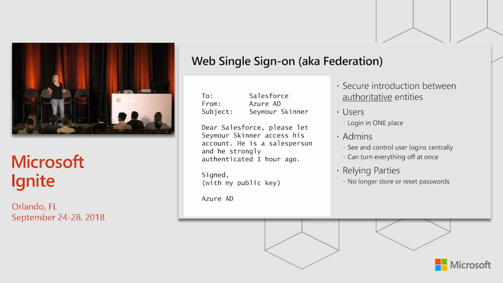But when I get redirected across to Salesforce, I'm literally being redirected with a structured document that has a signature, issued by an authoritative party, in this case, Azure Directory. It is intended for an audience, and in this case, the audience is Salesforce, and it describes the user in a way that can be validated and in a way that's structured and agreed upon ahead of time, right? So that's all the federation is, but it's super exciting because users love it, because it's seamless to them.